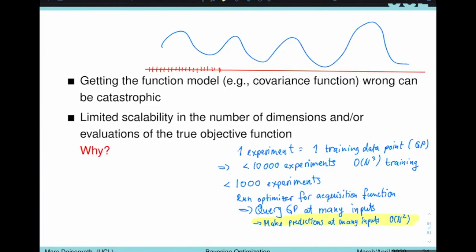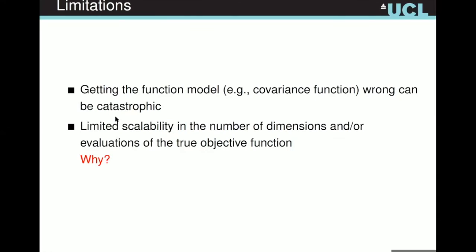And now coming back to the first part of the question, if we look at the scalability in the number of dimensions, why can't we optimize 100 parameters with Bayesian optimization? Any suggestions? Yeah, exactly.